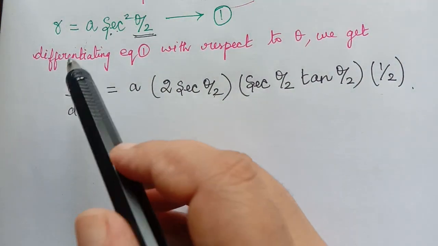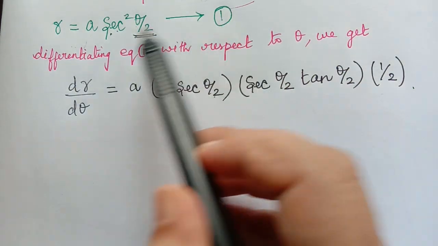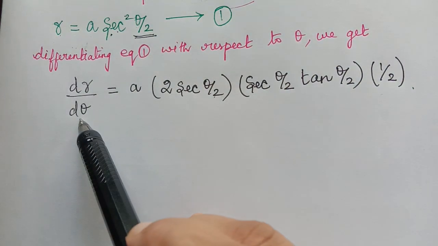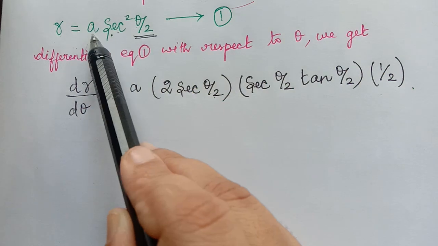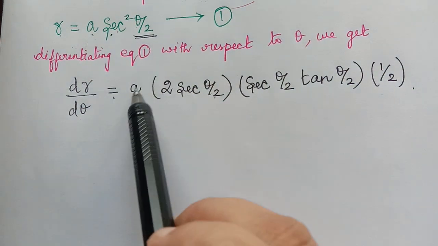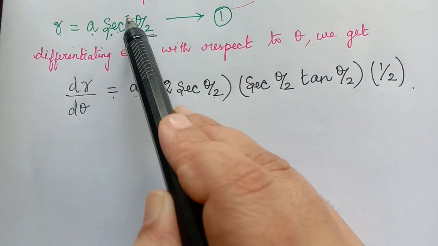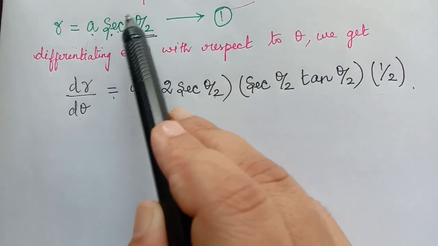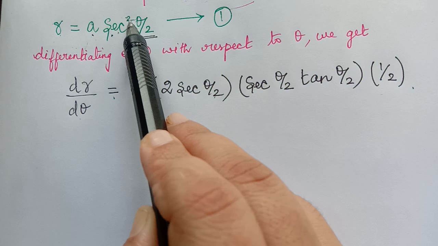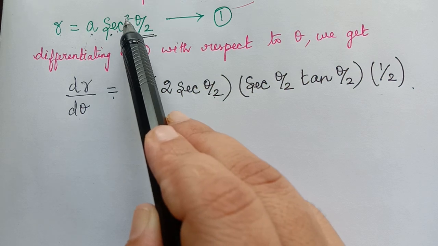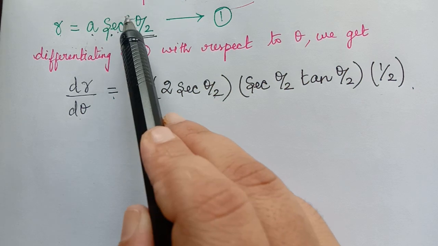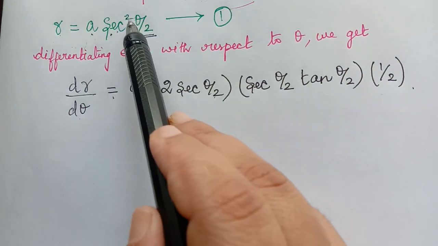So the differentiation of equation 1 is dr/dθ equal to a, which is a constant so we write it as it is, multiplied with sec²(θ/2). We differentiate the square term first. By using the x^n formula, we know that it is n x^(n-1).